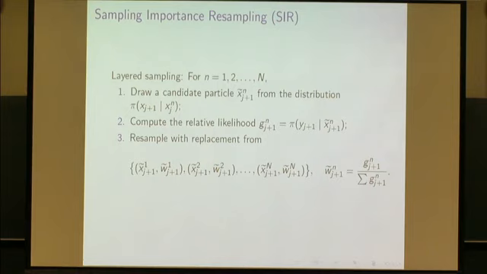Let's take our candidate and throw it to the wolves and see how well it works. We compute how good the particle is at explaining the data which has come in, and then we give a weight to this particle, rating it according to how well it does. Then we resample, and that's the important resampling. Those which do well have a high probability of being chosen, and those which do poorly go out the door.